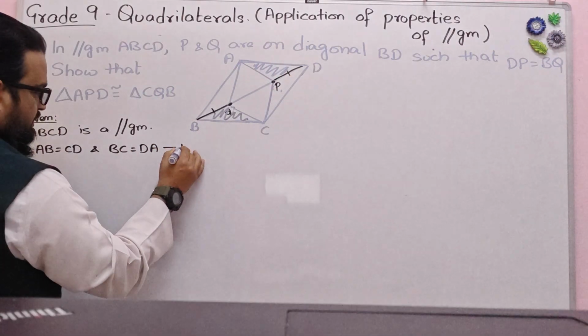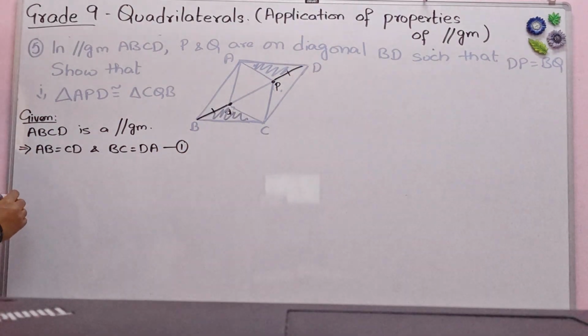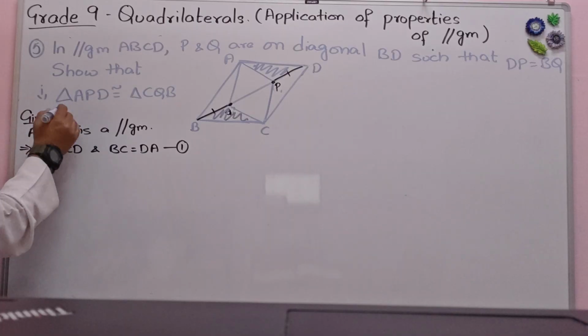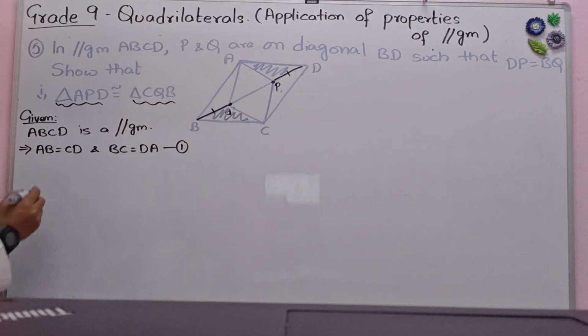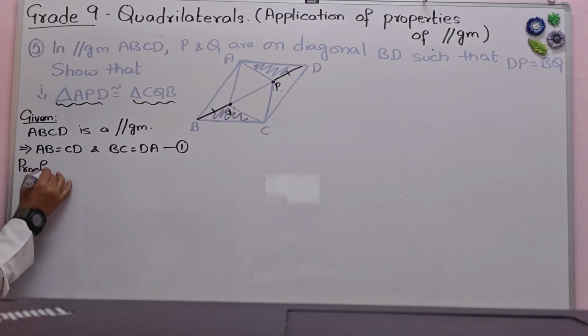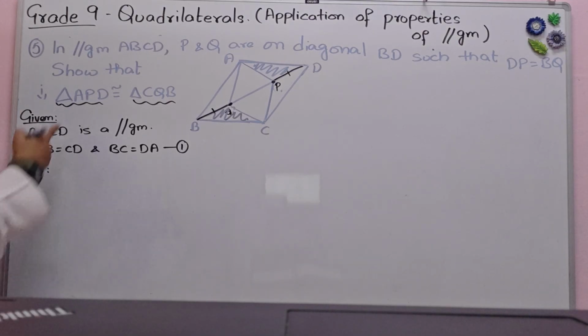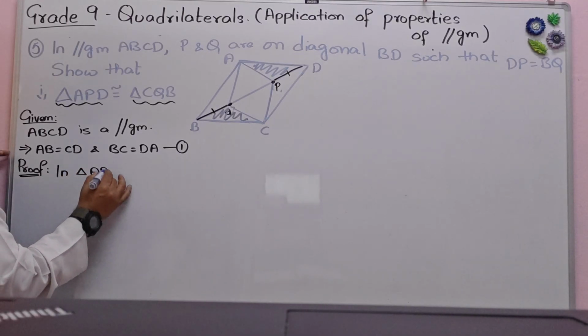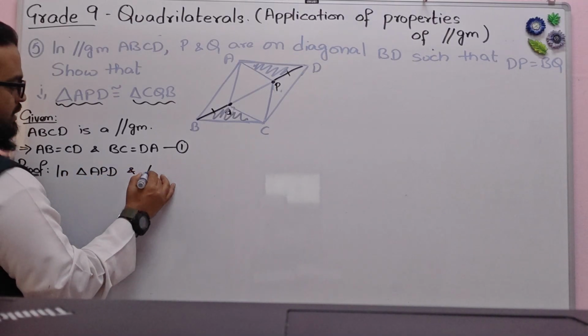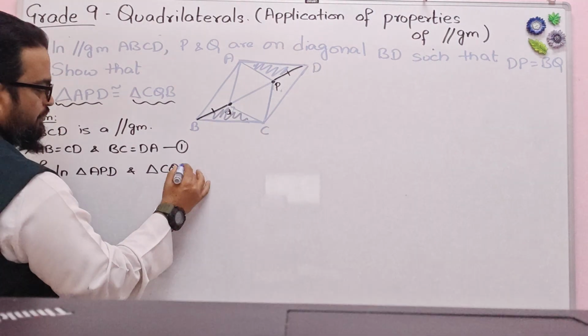Let us take it as the first equation. Now, what do we have to prove? Triangle APD is congruent to triangle CQB. So what did I tell you? If they are asking us to prove congruency, take those two triangles. In triangle APD and triangle CQB.